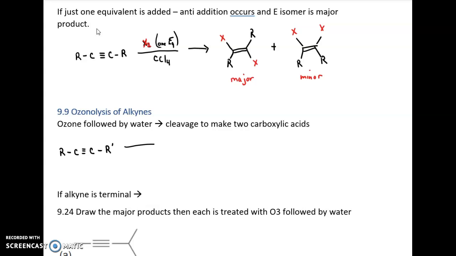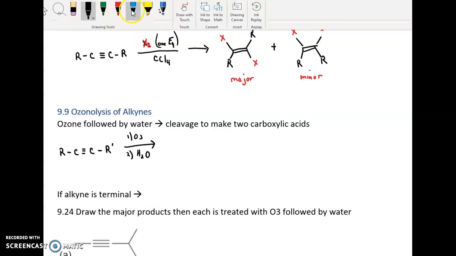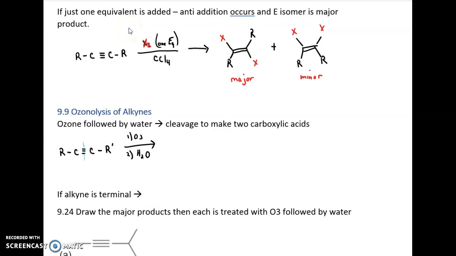And what this is going to do, we're going to add ozone, and we'll follow it with water. And what this is going to do is break it right at that triple bond, and make two carboxylic acids.